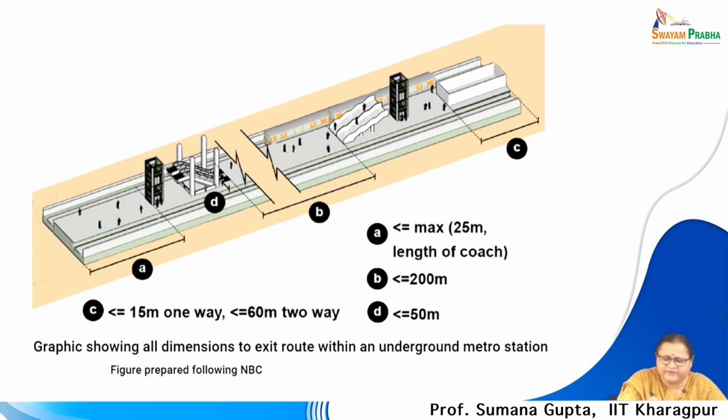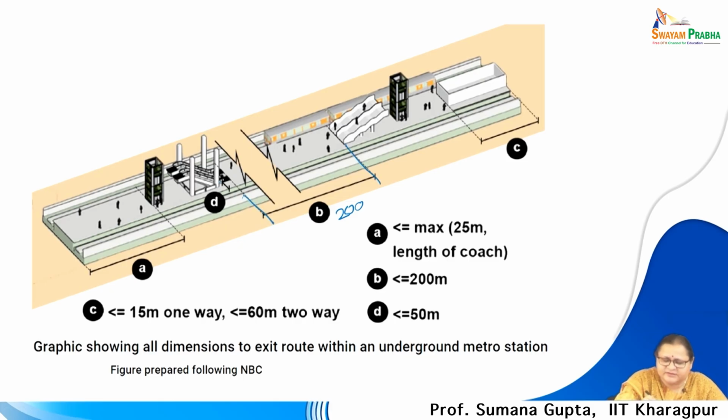So within 25 meters from the end of the train or the end of the platform, there should be a staircase. Within less than 200 meters, there should be another staircase for movement. So between two staircases the distance is maximum 200 meters, as you can see marked from this staircase to the next staircase.